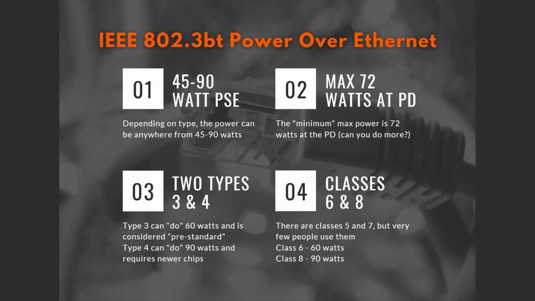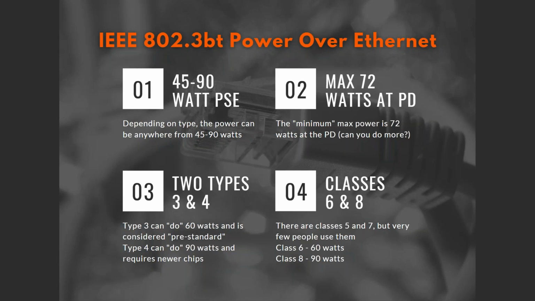So that clears it up, right? Not so much. What do you really need to know about this standard? There are 4 main things you need to know about this higher power PoE, and it's laid out specifically in the IEEE standard for BT power. The standard covers any power from 45 to 90 watts at the power sourcing equipment, or PSE, and that's your switch or your injector.